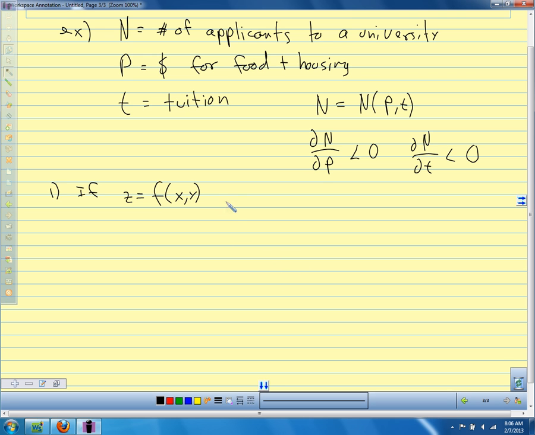So here's our function, and we know that the partial of z with respect to x equals the partial of z with respect to y. So our partial derivatives are equal, then z equals some constant times x plus y.